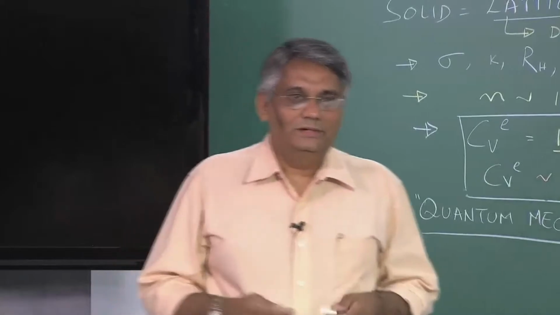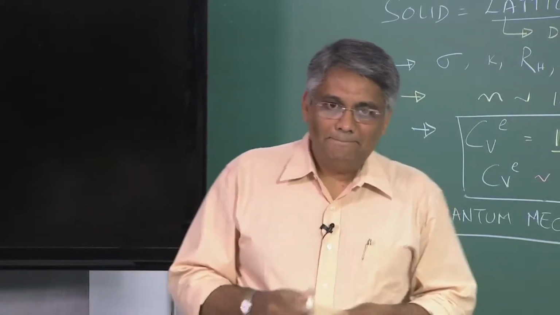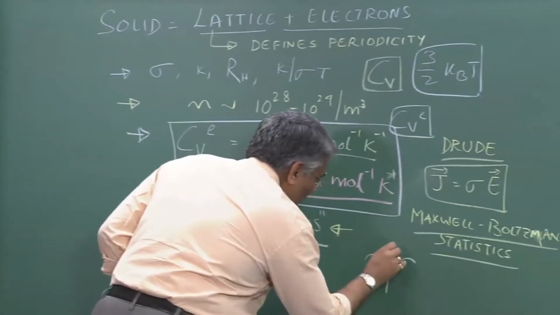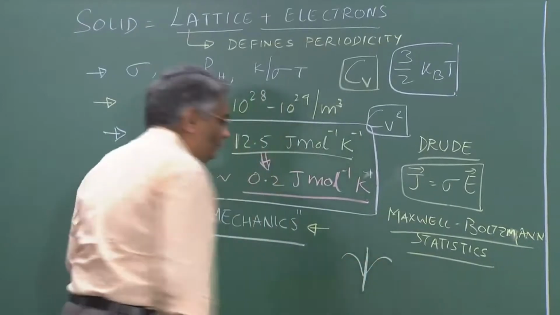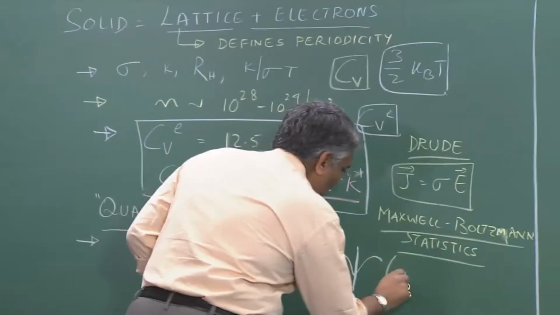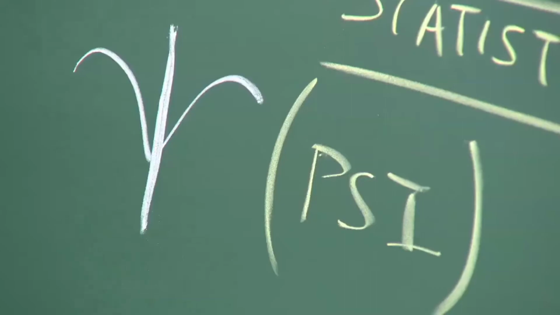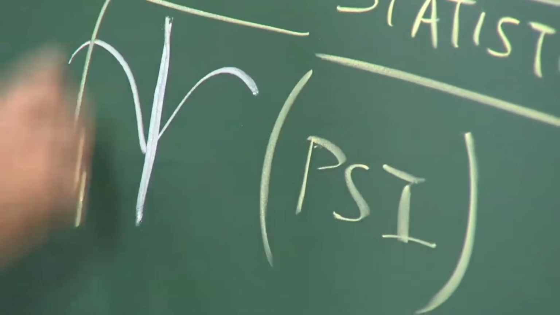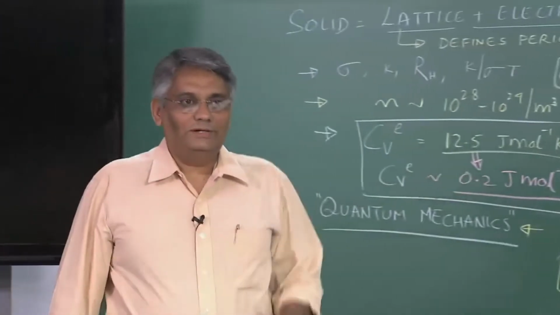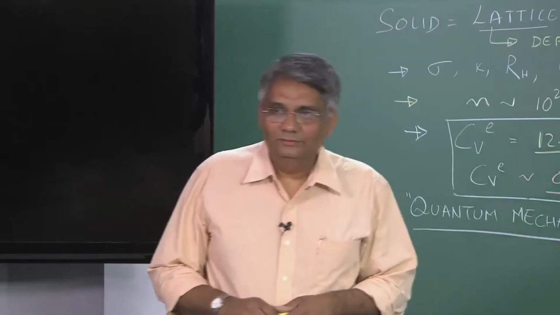Quantum mechanics basically deals with the fact that the electron has both particle and wave nature, and typically quantum mechanics uses the electron wave function, you call it psi, okay, and what does psi do? Any idea?